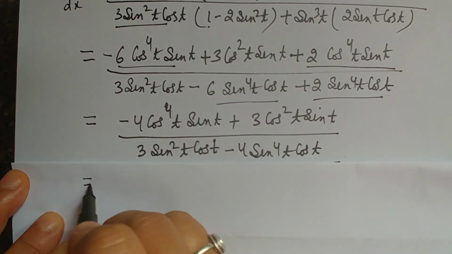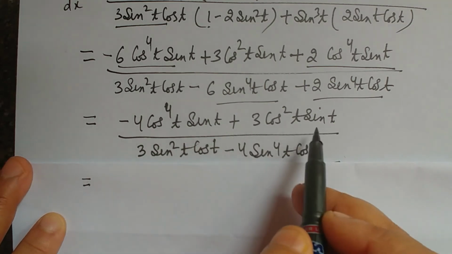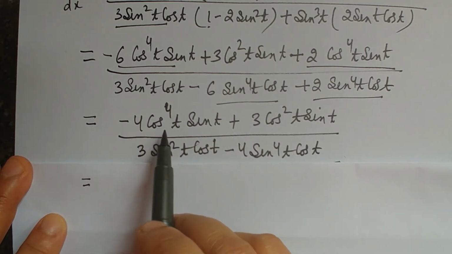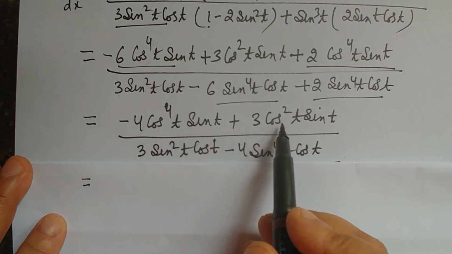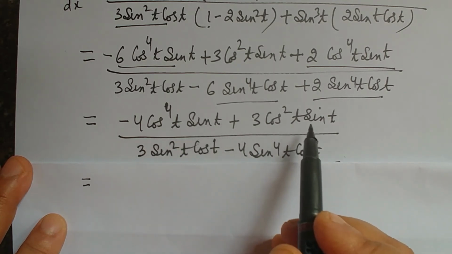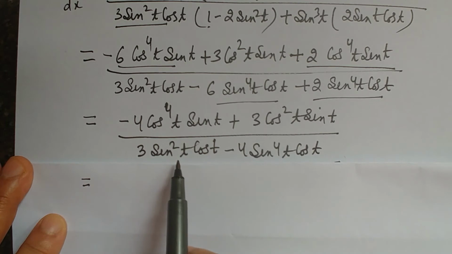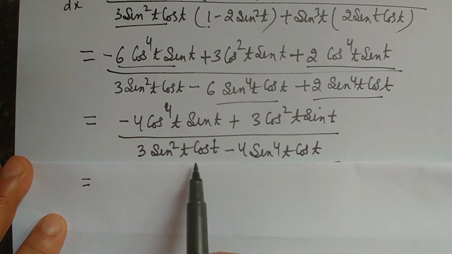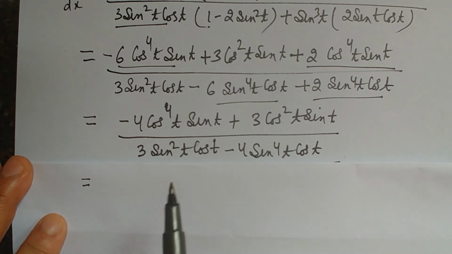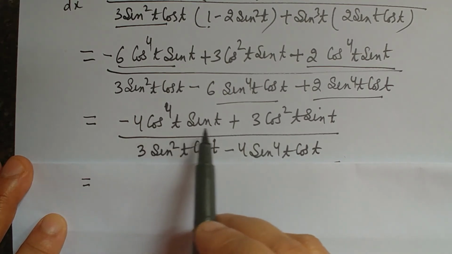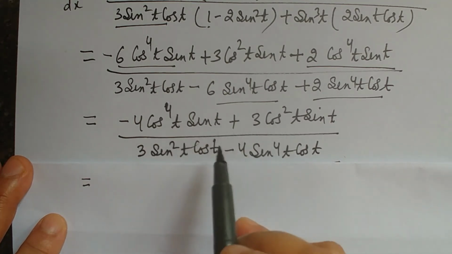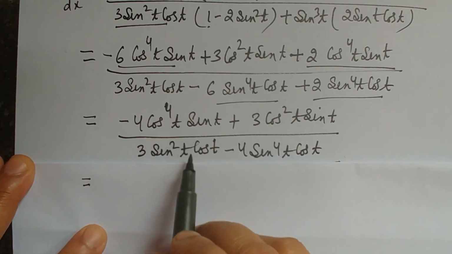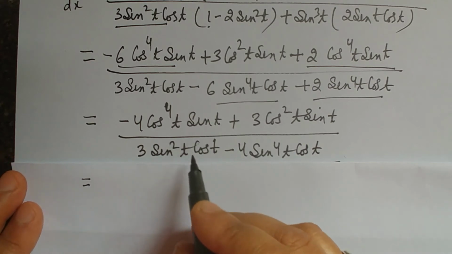From here, see, what can I take common? I can take, no doubt, cos square t common and sin t common from the numerator. From the denominator, I can take sin square t common and cos t common. But instead of it, if I take cos t and sin t only common from numerator and denominator, this will be reduced to some formula. So see how it is happening.